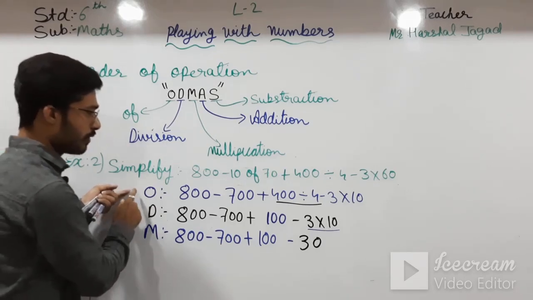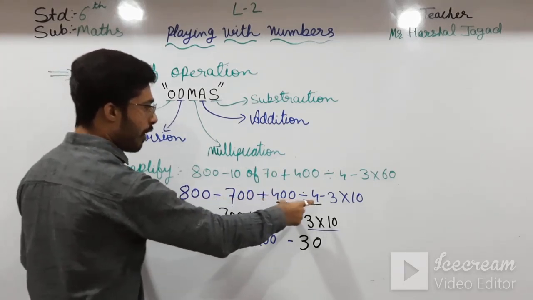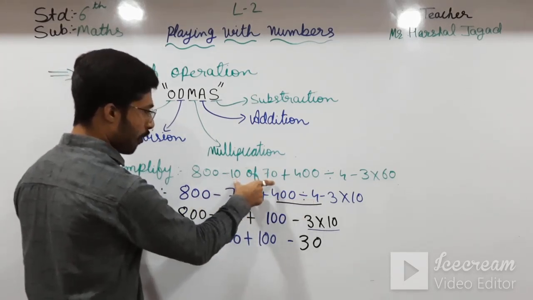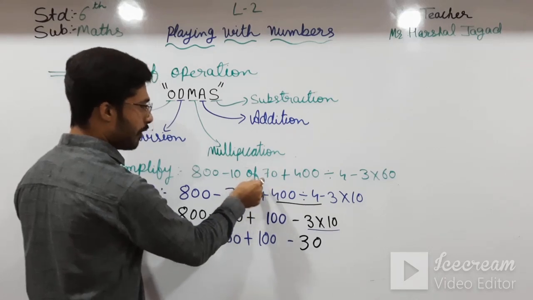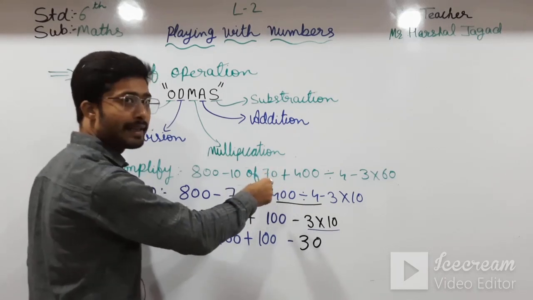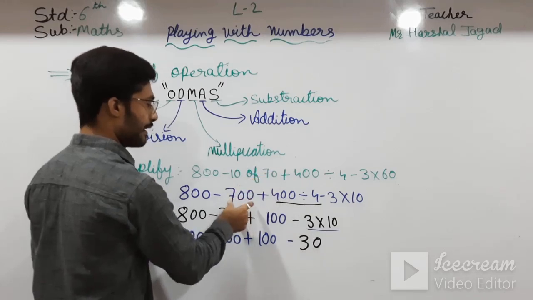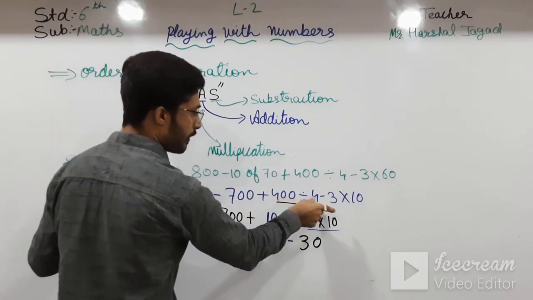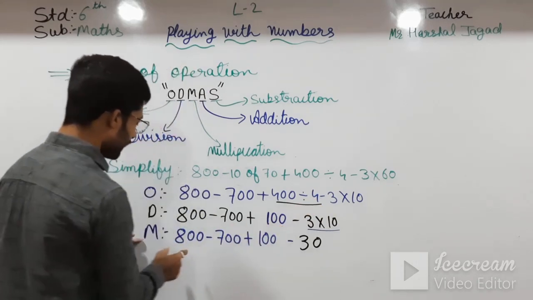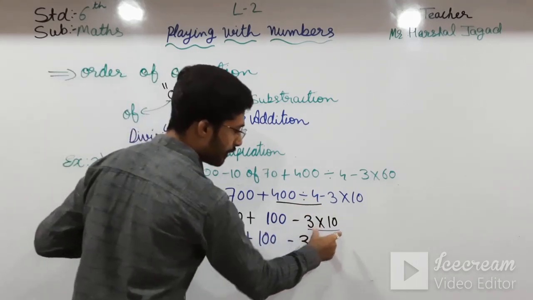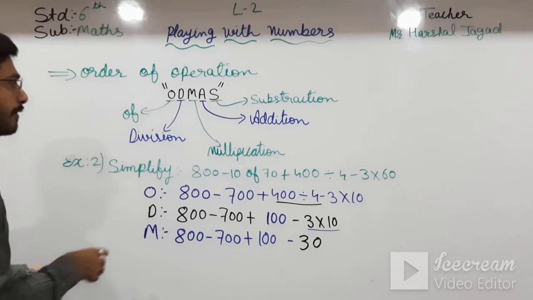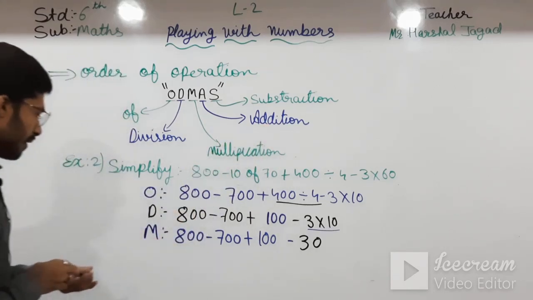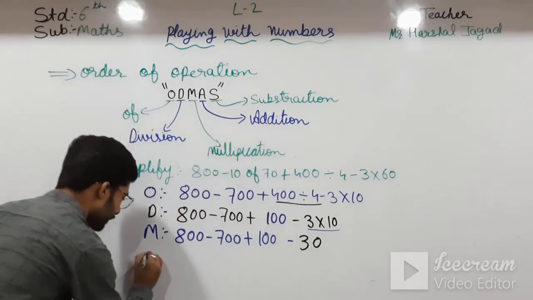First of all, what we have to do? O, that is of, 10 of 70, that is 10 into 70, that is 700. Then we have done D, that is over here 400 divided by 4, that is 100. And then we have done M, that is here 3 into 10, that is 30. Now it's turn for A. What will be the A?